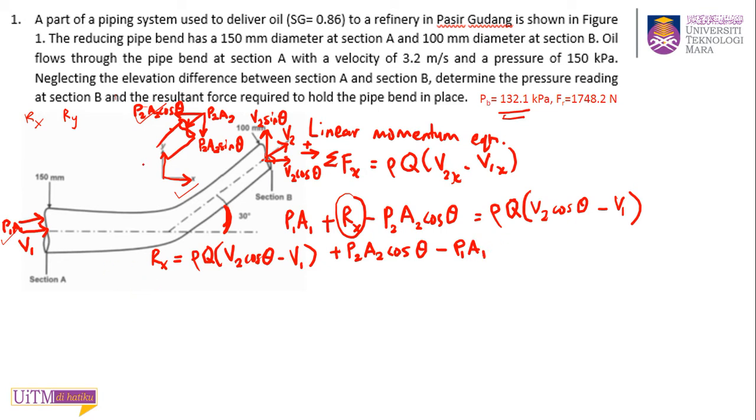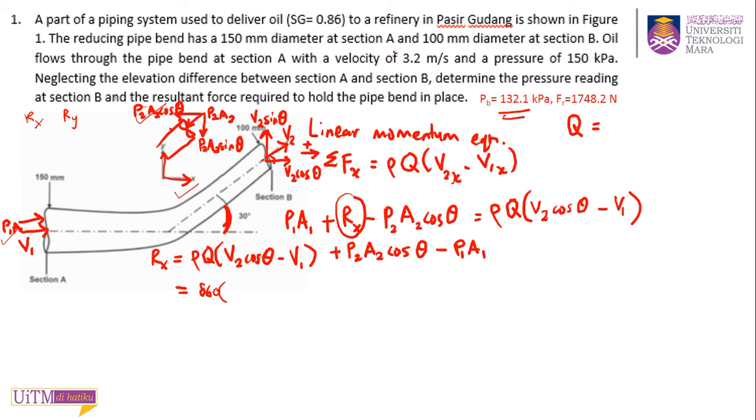This is your equation to find Rx, and you can substitute all these values. You have your rho, 860, times Q. So where is your Q? What is the value of Q? You need to find it, right? How to find Q? AV.